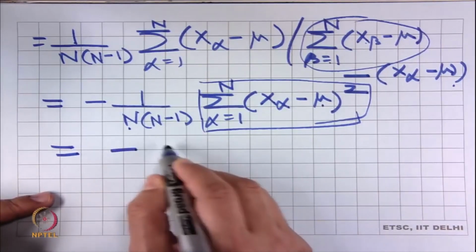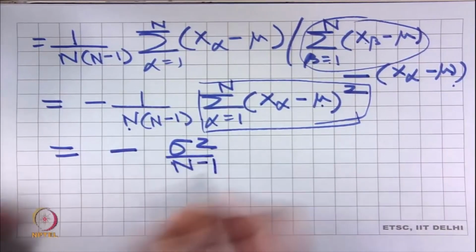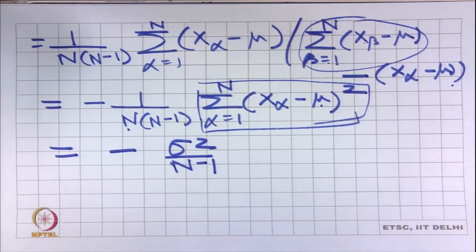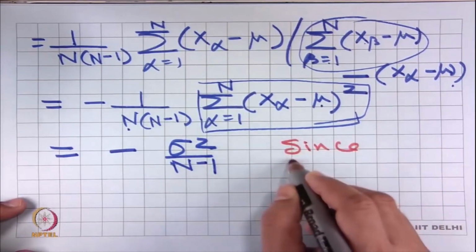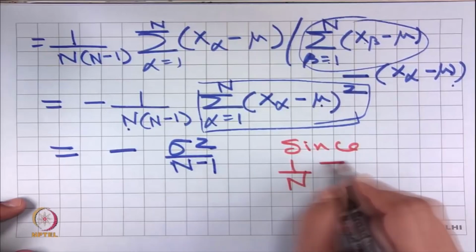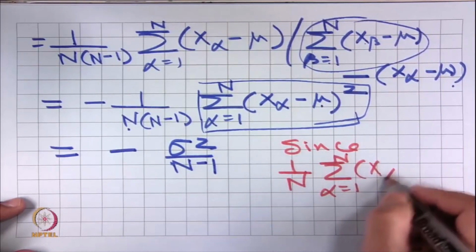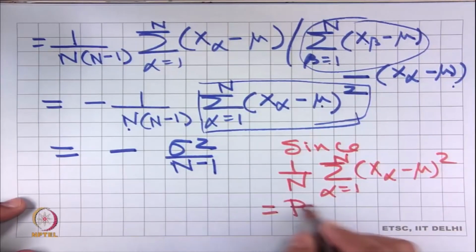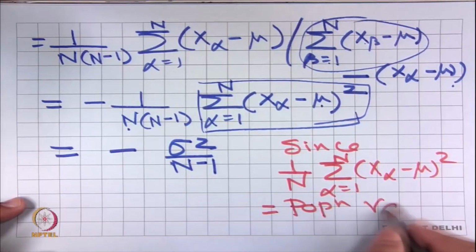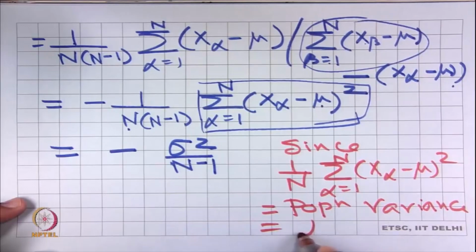So, this term is sigma square upon n minus 1. Since 1 upon n sigma alpha equal to 1 to n, x alpha minus mu whole square, is equal to the population variance, which is equal to sigma square.